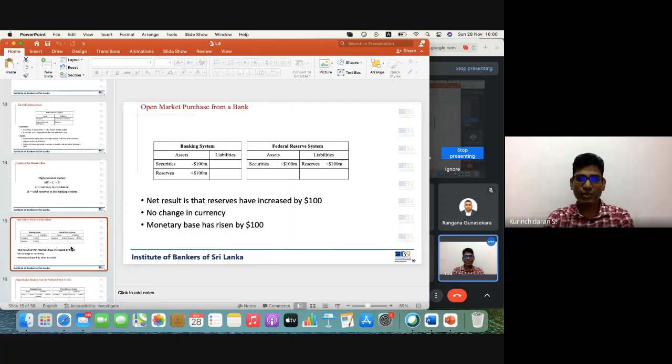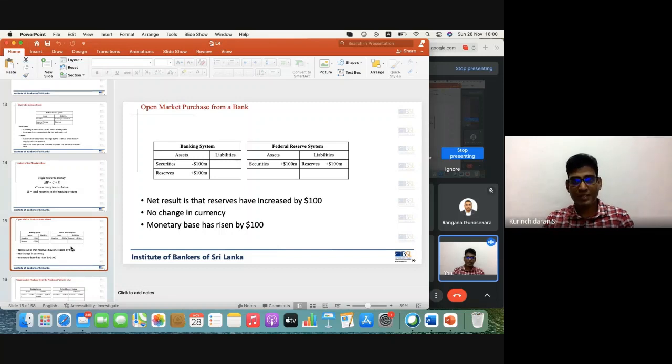So the central bank should ensure a sufficient level of money is available in the system to buy goods and services. If the central bank maintains too much money, you will have inflation.